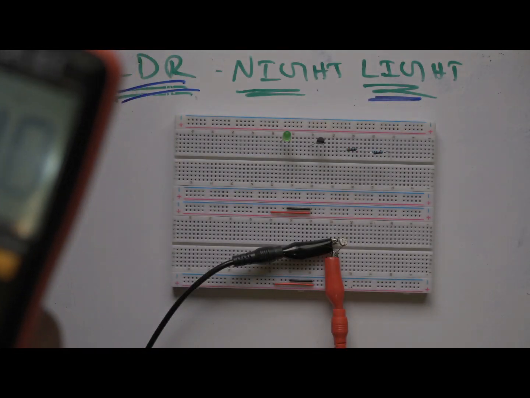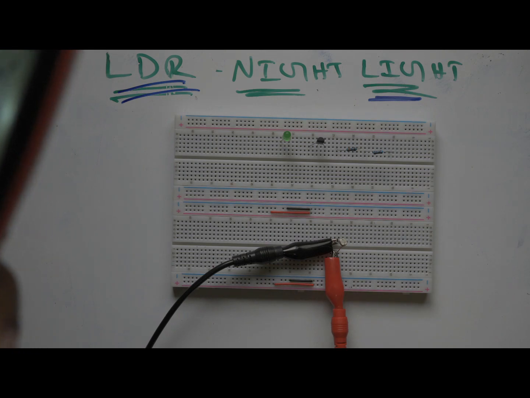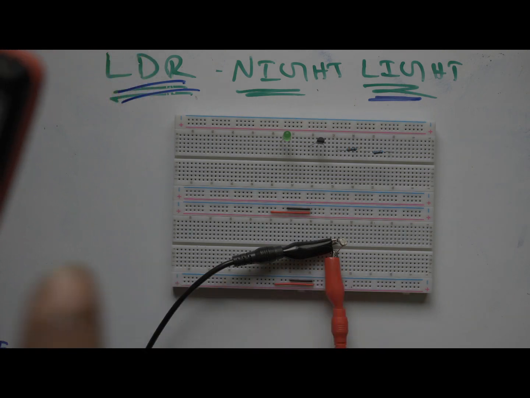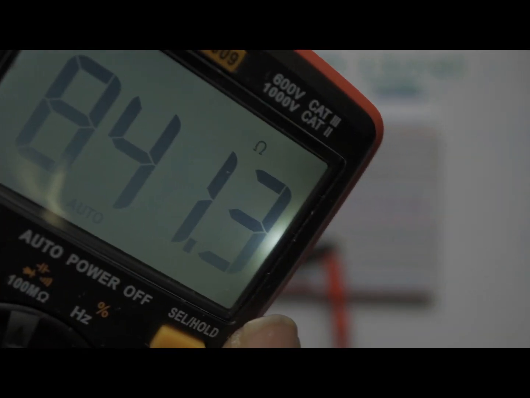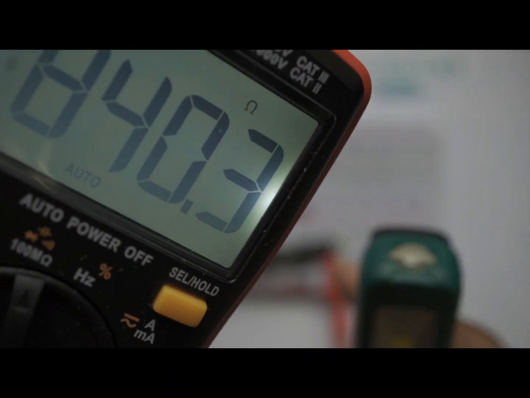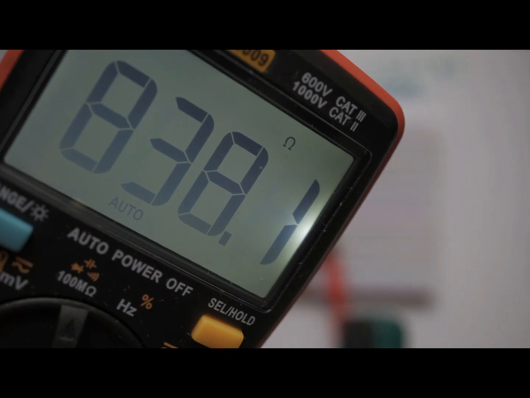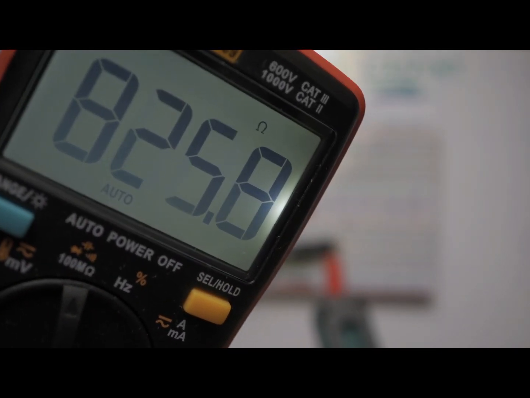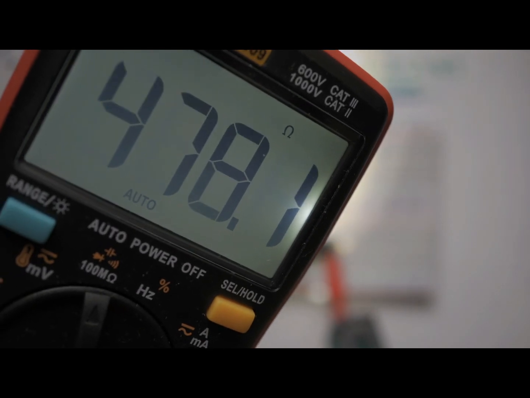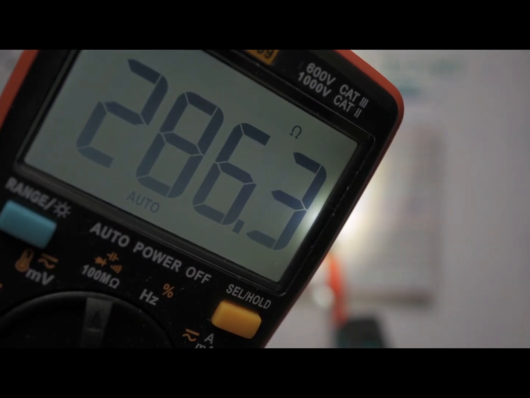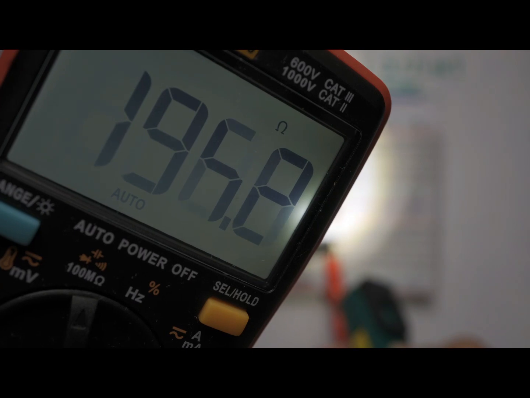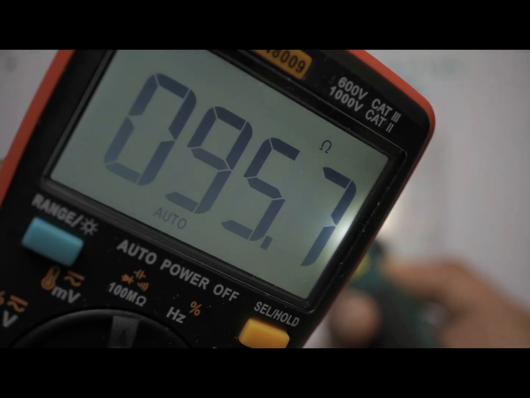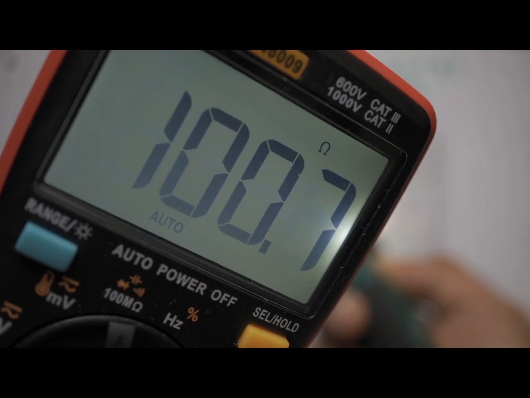It's a very cloudy day, and if you shed some light on it, this resistance will go down. I have a torch with me. The moment I shine the torch on the face of the LDR, it's going to reduce. You can see it's reducing considerably, to an order of 100 ohms, 90 ohms, 94 ohms.